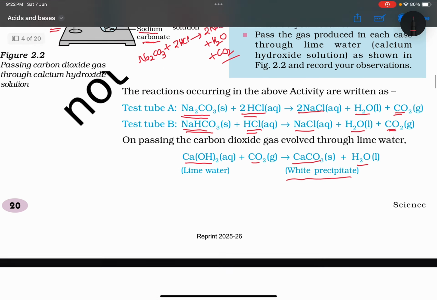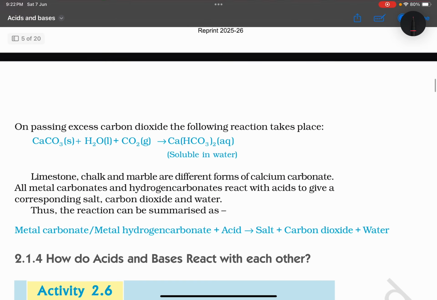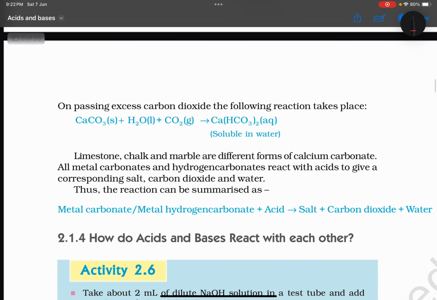But you must be careful, because on passing excess carbon dioxide, the following reaction takes place: CaCO3 plus H2O plus CO2 gives calcium bicarbonate, soluble in water. Generally, we use the words hard water and soft water. Hard water is because of such kinds of salts: magnesium bicarbonate, calcium bicarbonate.